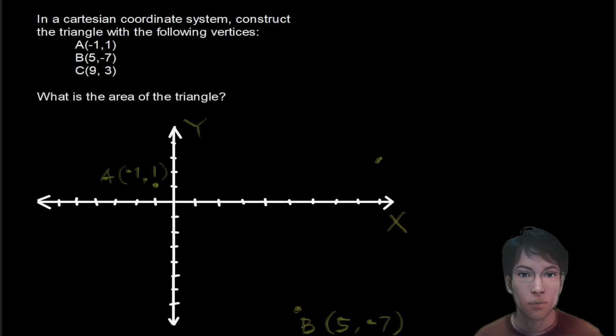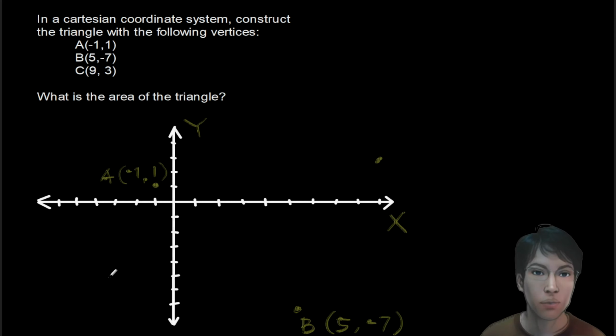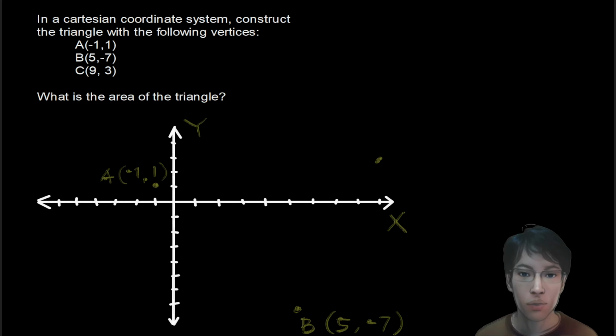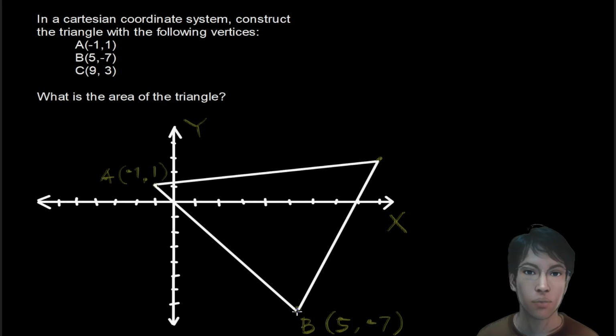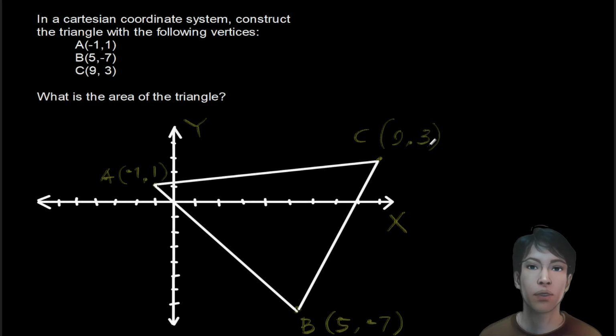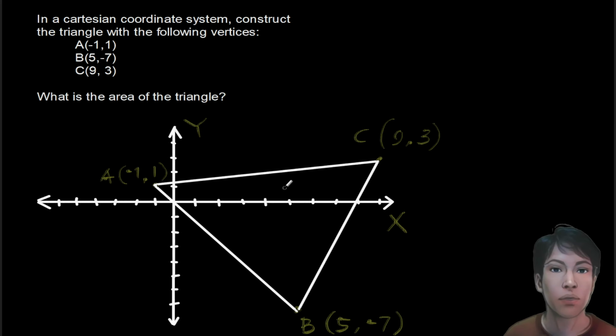All right, so let's connect the lines. Vertex C is 9, 3.